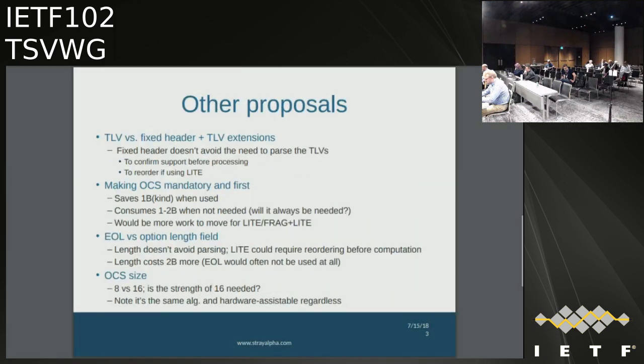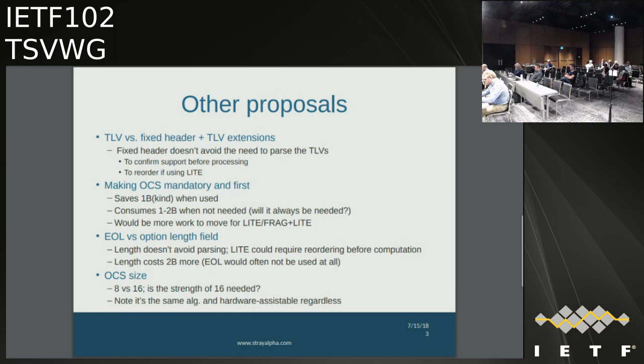Okay, so on the next slide, there were other proposals having to do with the TLV, type length value, for all options versus using a fixed header plus some TLV extensions. The thing is that the fixed header will not avoid the need to parse things. The only way we can avoid parsing things is to get rid of light or to bury light in the fixed header.